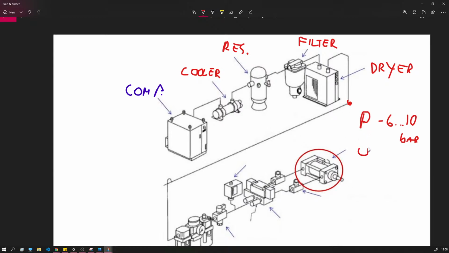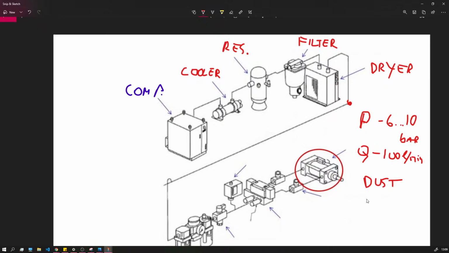We have flow rate, so the system must provide enough flow rate if we use really large compressors. That's a wild card. I don't have a certain number for that at the moment. That's dependent on the compressor systems and everything else. Then we have the quality figures per cubic meter.